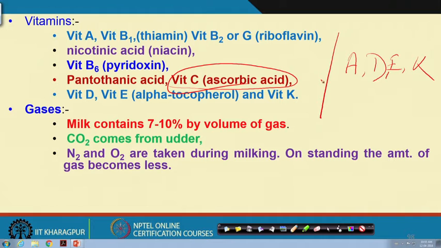Had it been high, that would have disturbed the pH of the milk, and thereby the coagulation or the stability of the casein in colloidal form would have been disturbed. So, nature has not given so much ascorbic acid in milk, right.